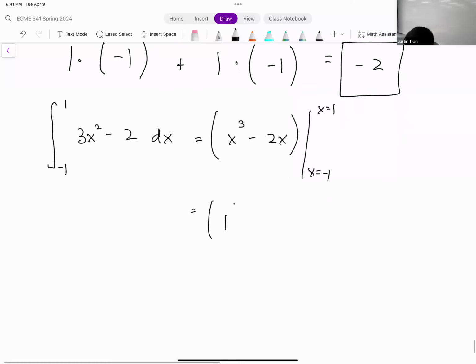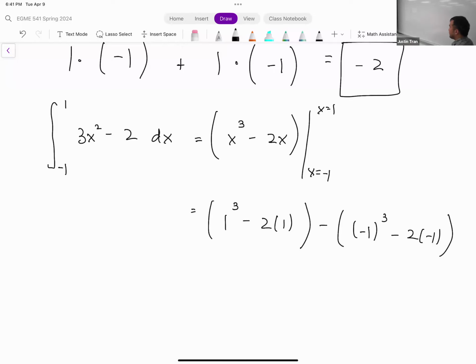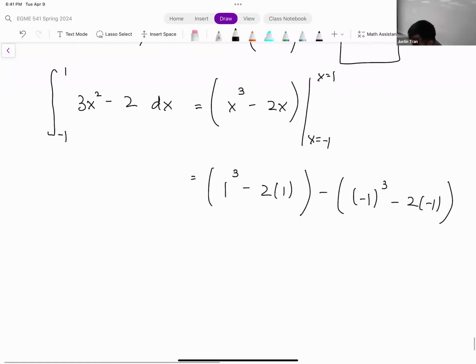And so that's equal to 1 cubed minus 2 times 1, minus (minus 1 cubed minus 2 times minus 1). Okay. So let's go ahead and evaluate all these terms here.